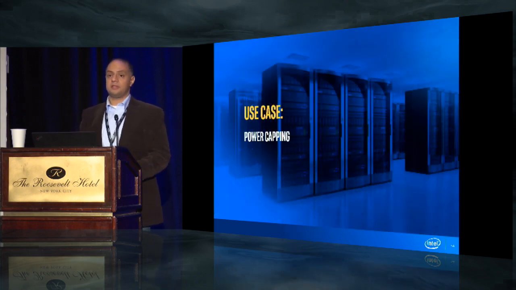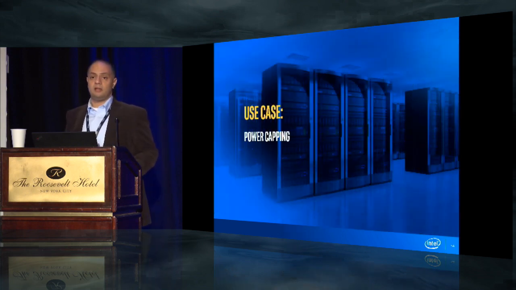Okay, but of course, if you do that, you might end up in a corner case where some servers actually use beyond 250 watts, and then that way of provisioning might fail you.